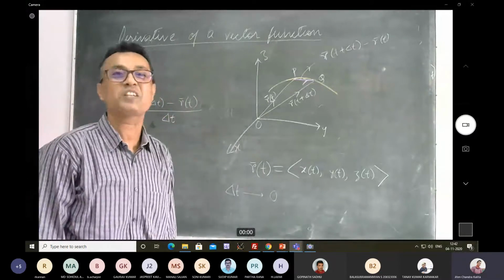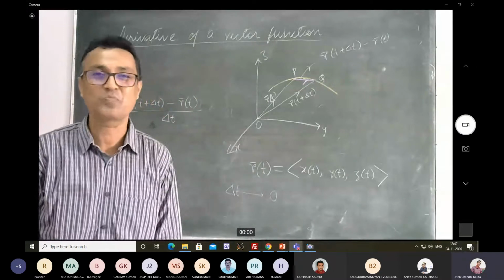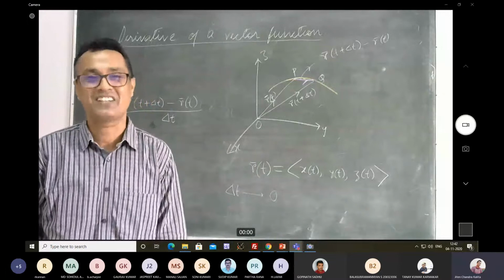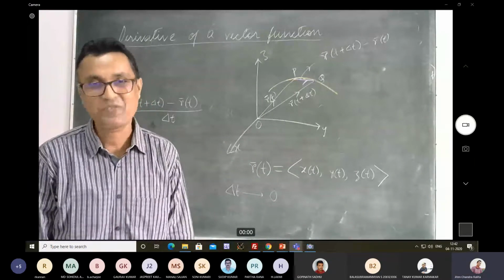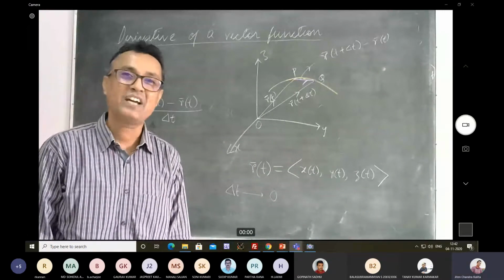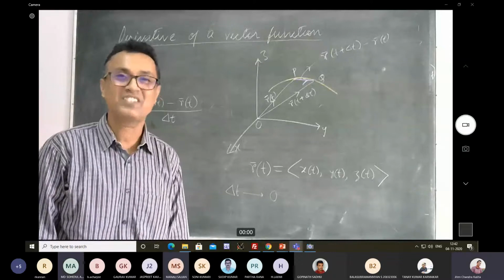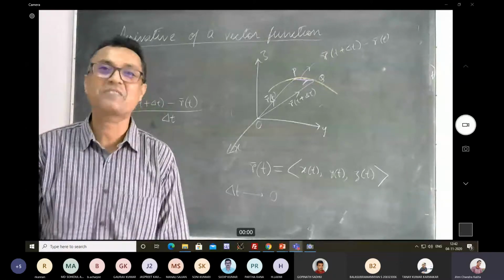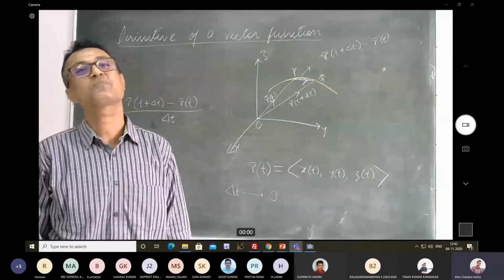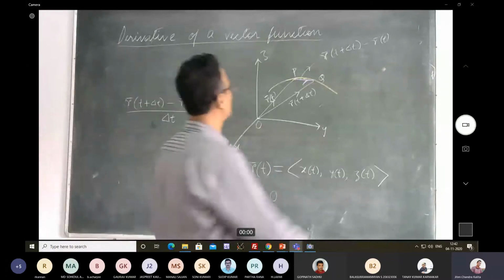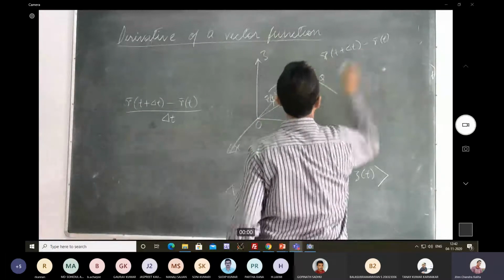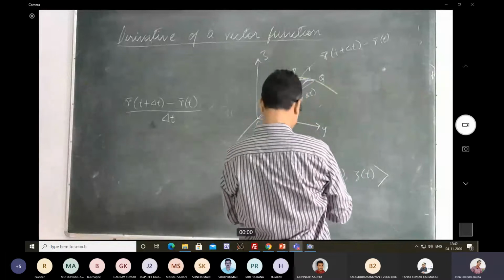Delta t is very, very small, so 1 by delta t should be very, very big. You are getting my point? So you are likely to get a vector of length more than PQ.